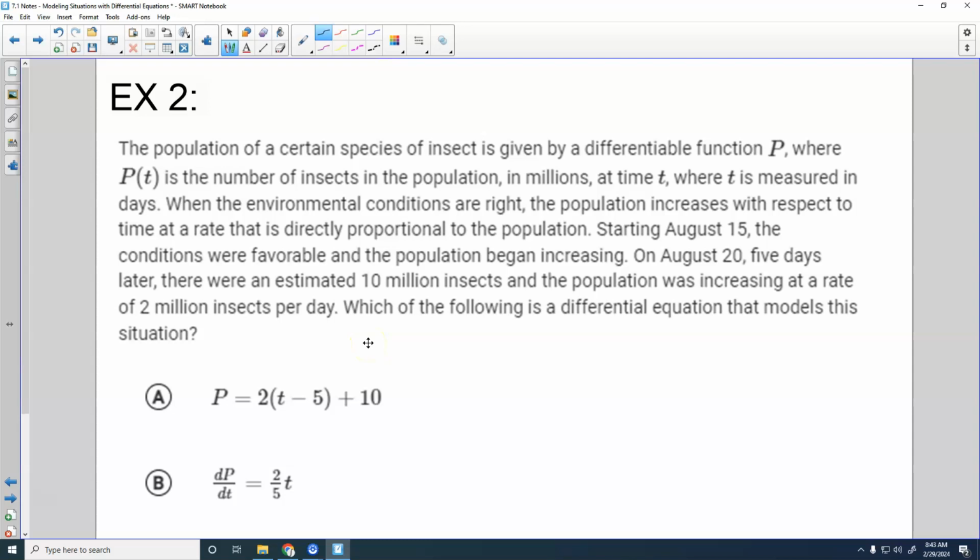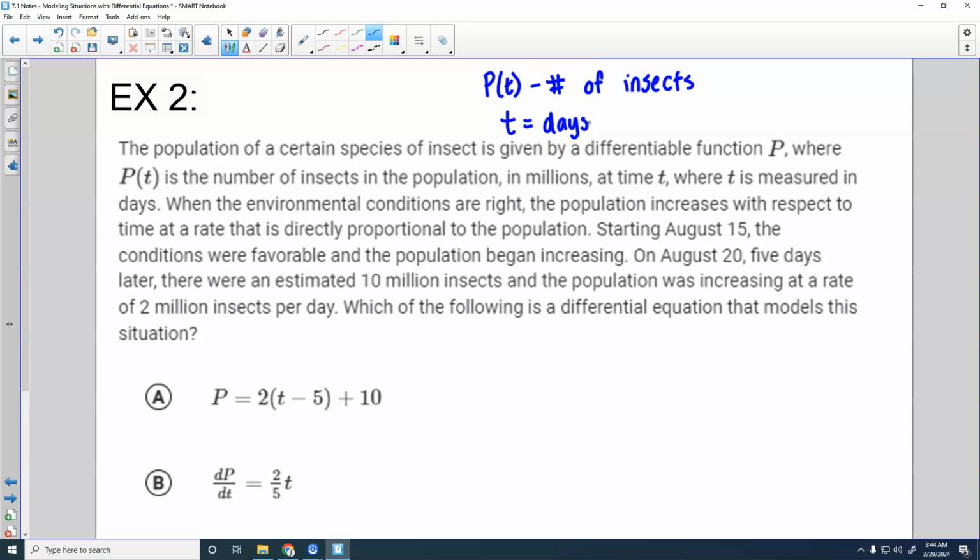The population of a certain species of insect is given by differentiable function P, where P of T is the number of insects in the population. I'm going to write that down. P of T is number of insects, in millions, at the time T, where T is measured in days. I'm going to put T as days. What those variables are defined as is going to be important.